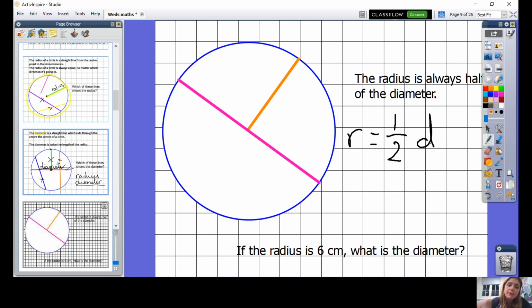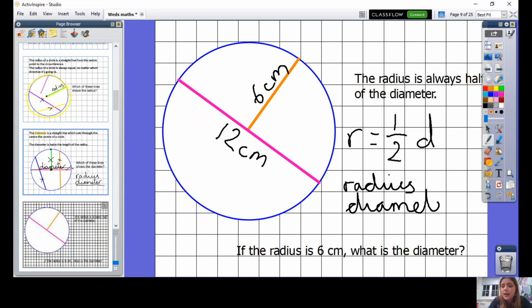So that tells me if my radius is 6 centimeters long, in order to find the diameter, I need to work out what double that is. 6 times 2 is 12 centimeters. Remembering always, radius is a shorter word, so it should be a smaller length. Diameter is a longer word, therefore I'm looking for the longer length. The radius is always half the diameter of a circle.